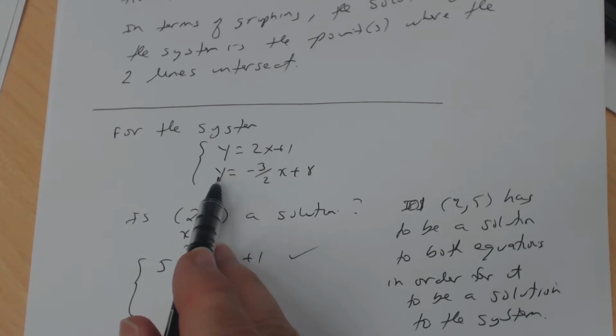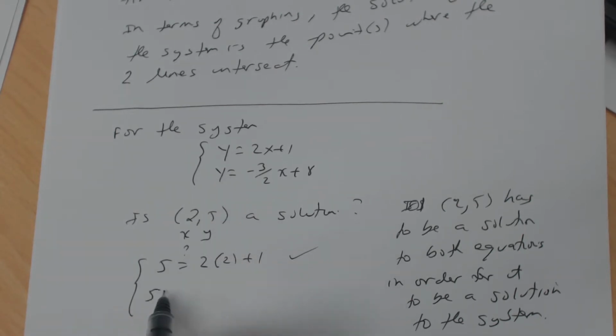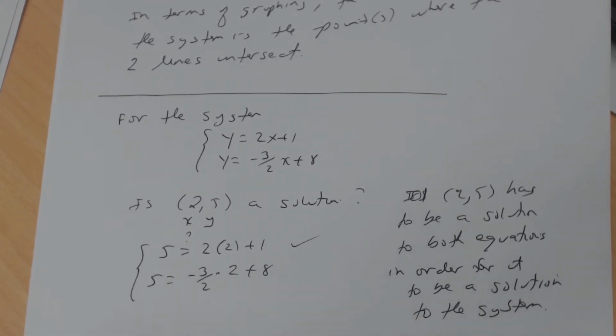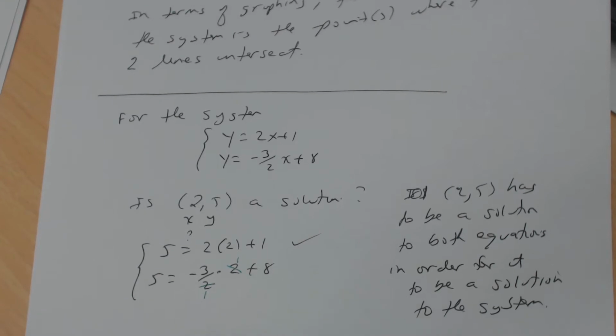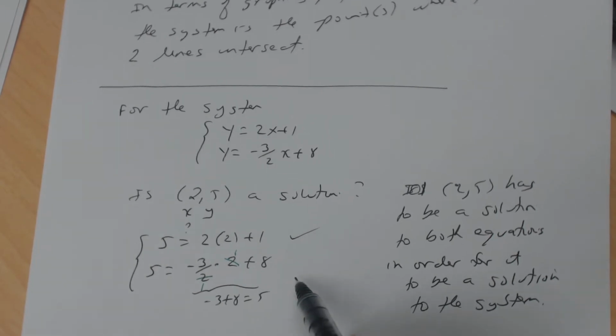Alright, so let's go to the next one. Y is 5, so is 5 equal to negative 3 halves times 2 plus 8? So is 5 equal to this? Well, you need to do some work, so you're going to say negative 3 halves times 2 is negative 3, and that is negative 3 plus 8, which equals 5. So the answer is yes.